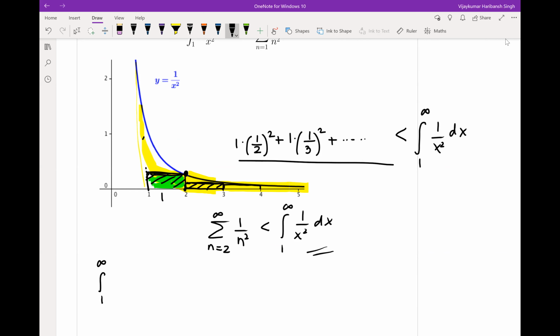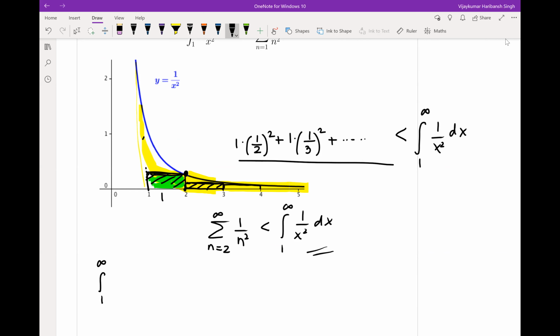So if you recall, this is going to be limit as t goes to infinity of the integral from 1 to t of 1 by x squared dx. And after integrating, this is going to be limit as t goes to infinity of minus 1 by x from 1 to t, and that is going to be limit as t goes to infinity of minus 1 by t plus 1, and as t goes to infinity, this is going to be 1.